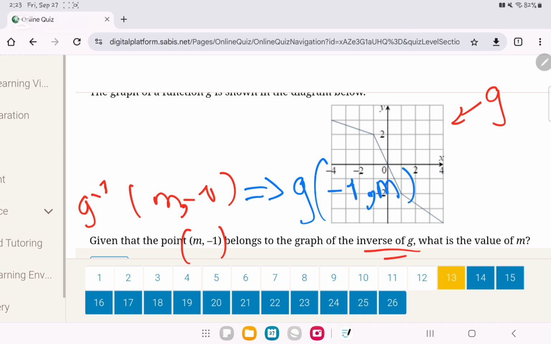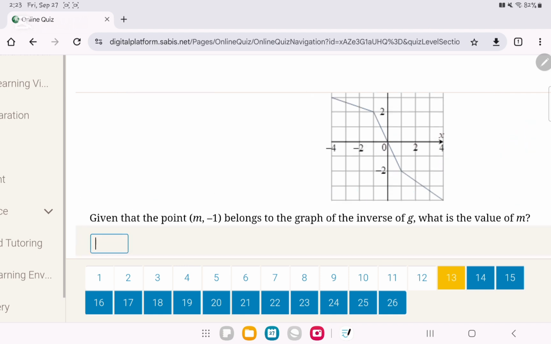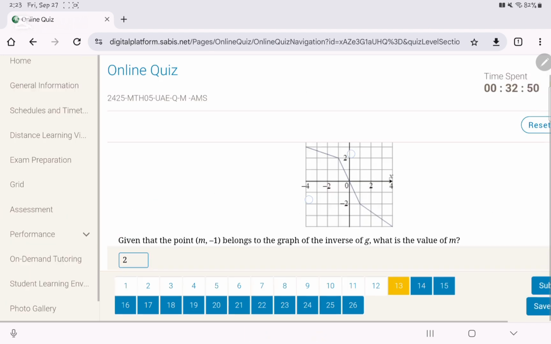So we need to find the point that has minus 1 as an x. So this is minus 1. We go up, here, this point. What is the y of this point? The y is 2. So for G, it's going to be (minus 1, 2). That means if they're asking us for G inverse, we're only going to flip it. So it's going to be (2, minus 1). So the value of M in this case is 2.